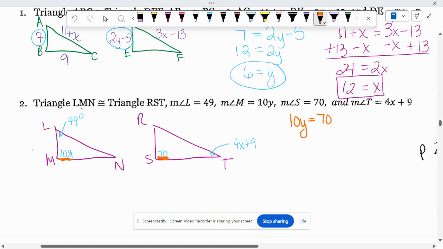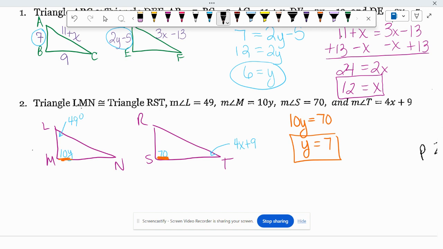Yeah, y equals 7. Okay. What about L? What is L congruent to? Angle L is congruent to angle R. So that means that this is also 49 degrees.